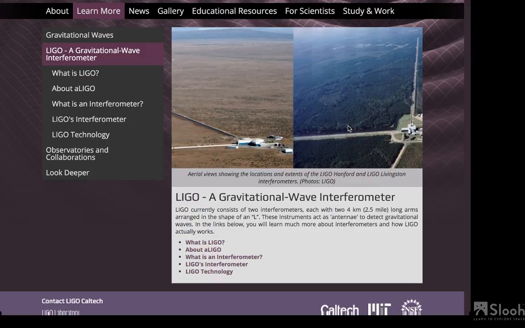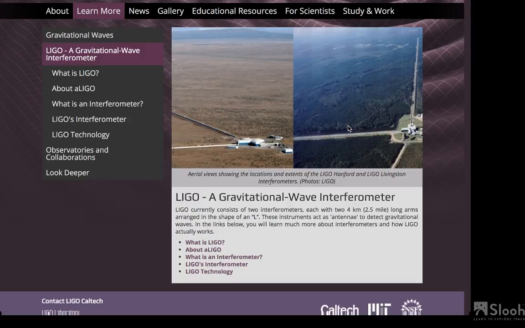On September 14th, 2015, for the very first time, LIGO sensed distortions in space-time caused by gravitational waves. The source of these gravitational waves was 2 colliding black holes 1.3 billion light years away. That means that event occurred 1.3 billion years ago.